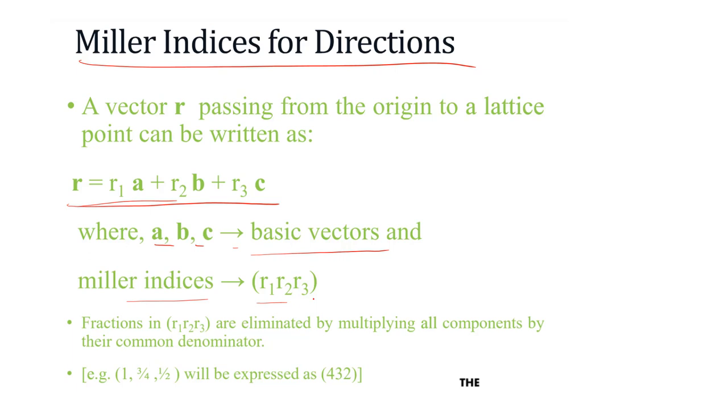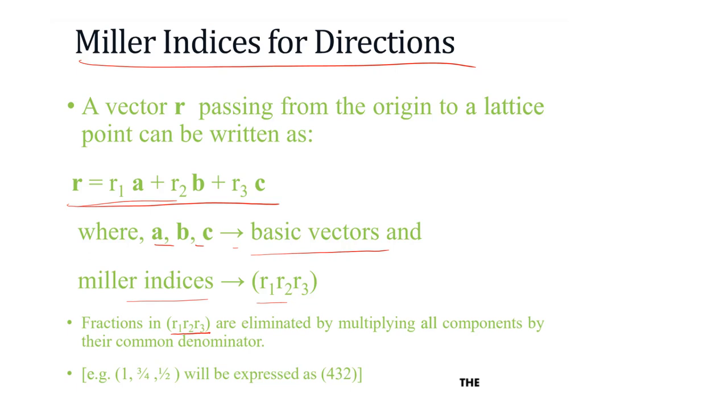Basic vectors means the three directions a, b, c, and r1, r2, r3 are some numbers. If r1, r2, r3 are in any kind of fraction, then we try to remove the fraction. How do we remove it?